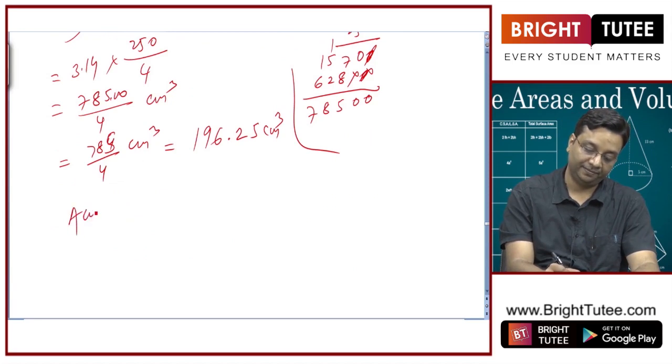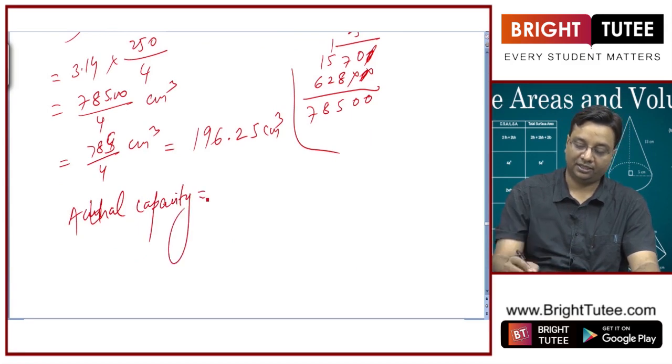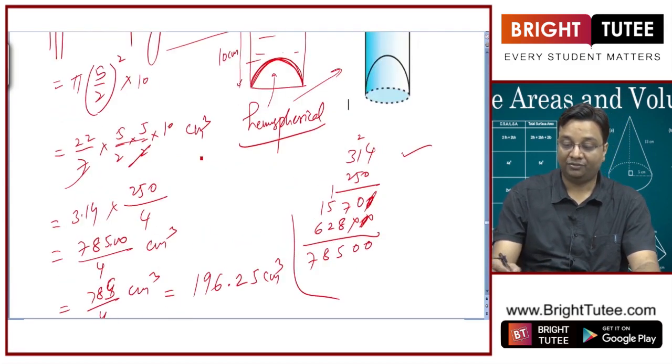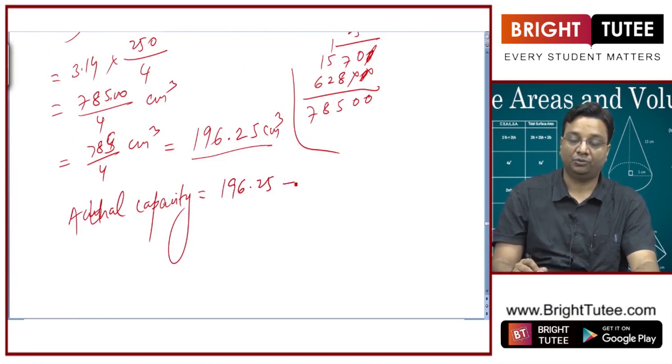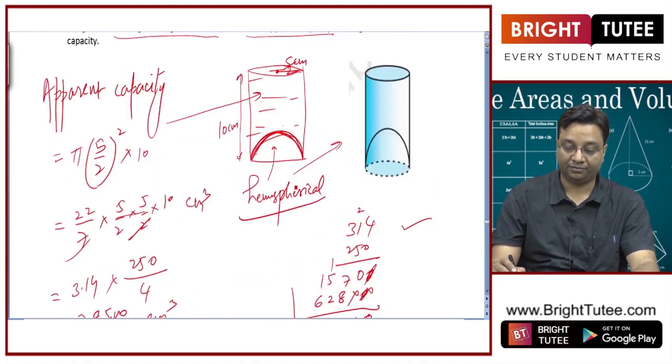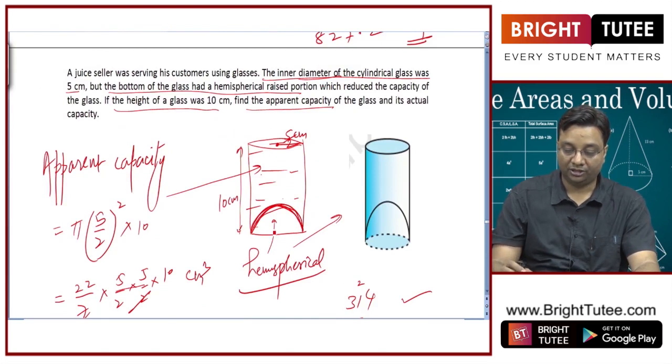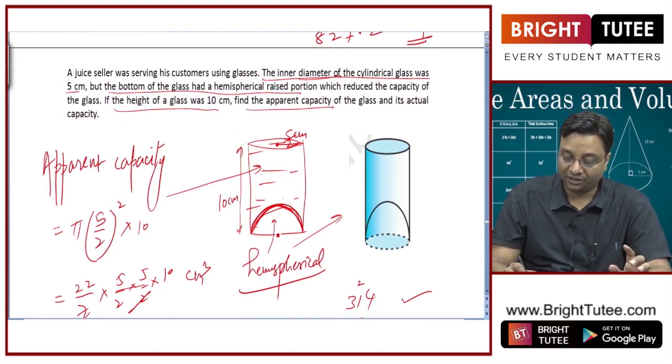Actual capacity will be lesser. And how much lesser? It will be lesser by the volume of this hemispherical bottom, okay. So actual capacity will be 196.25 minus volume of hemisphere, right. What are the dimensions of this hemisphere?